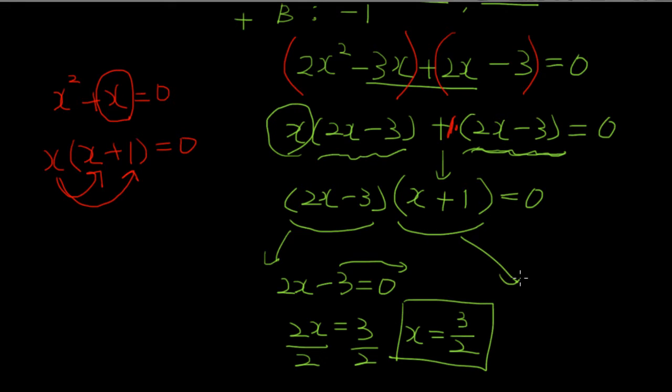What about from here? From here, we have x equal -1. Okay, so here are our two solutions, just like that.